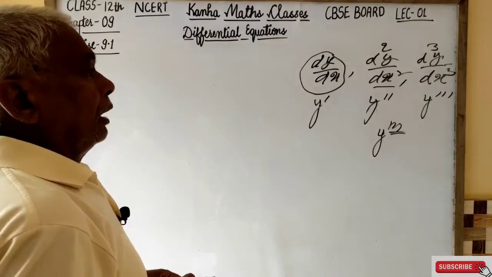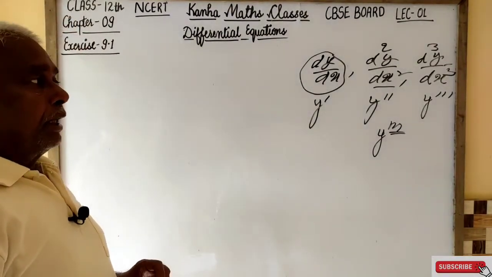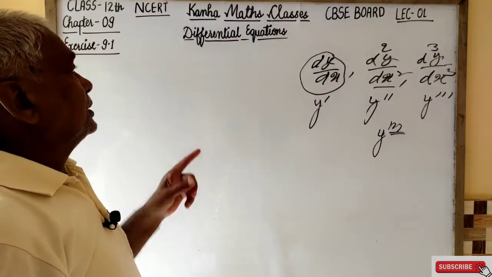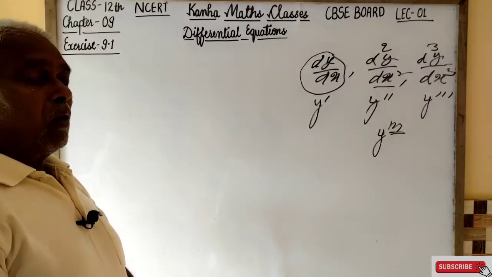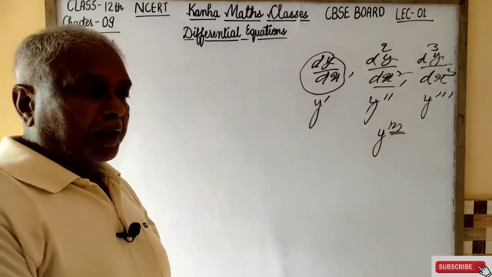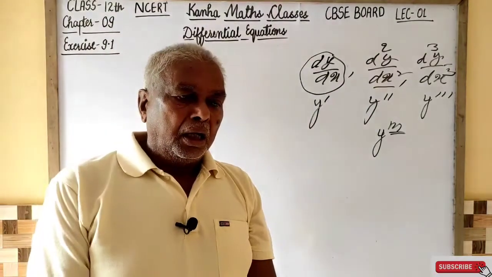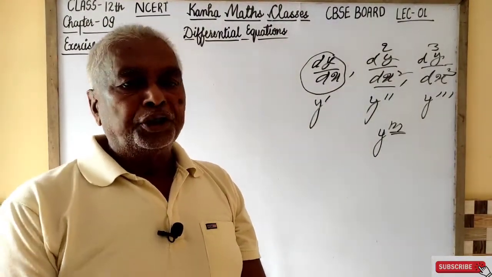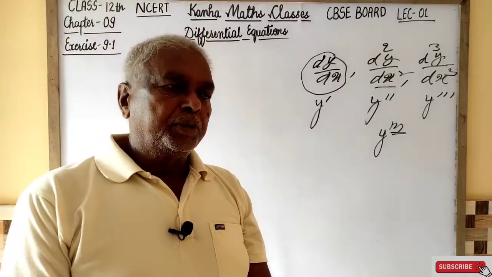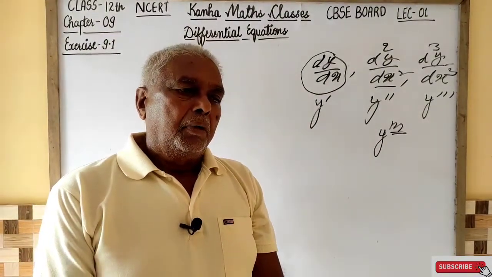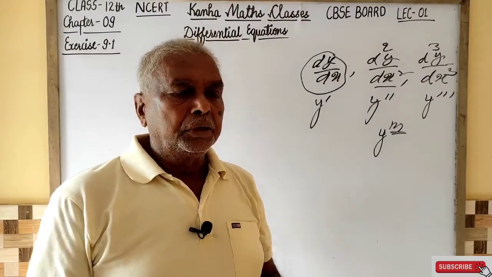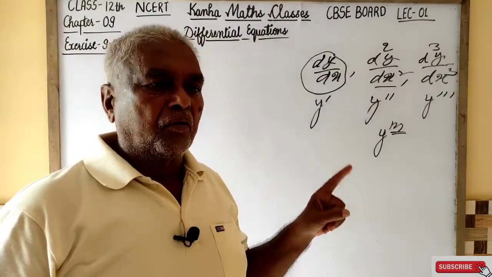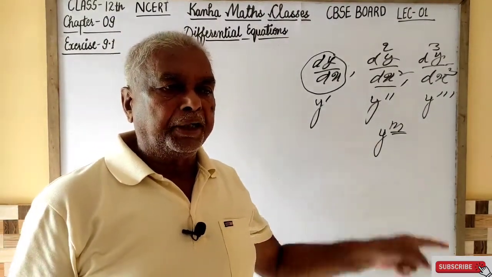We will further draw your attention to the terminology used in this chapter, that is order and degree. Order means the order of the highest derivative in the equation, whether y dash or y double dash or y triple dash.